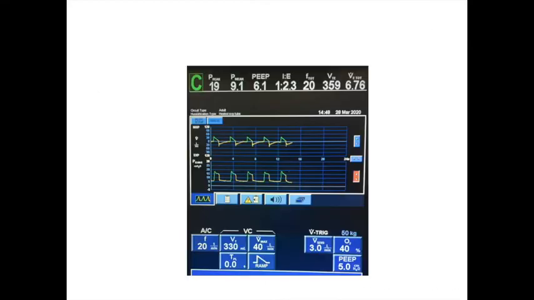In our display here, this is where we set the tidal volume. It's important to note that the ventilator also measures the tidal volume coming back to the ventilator. This is known as the exhaled return volume. And in general, these two volumes should be about the same.